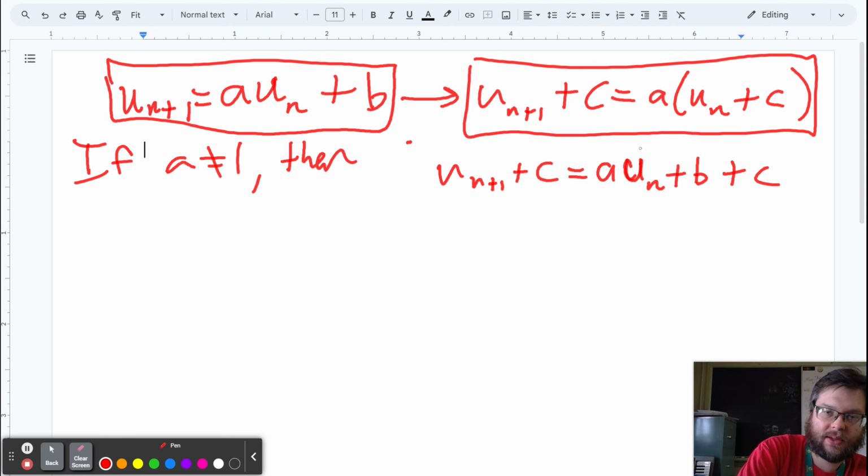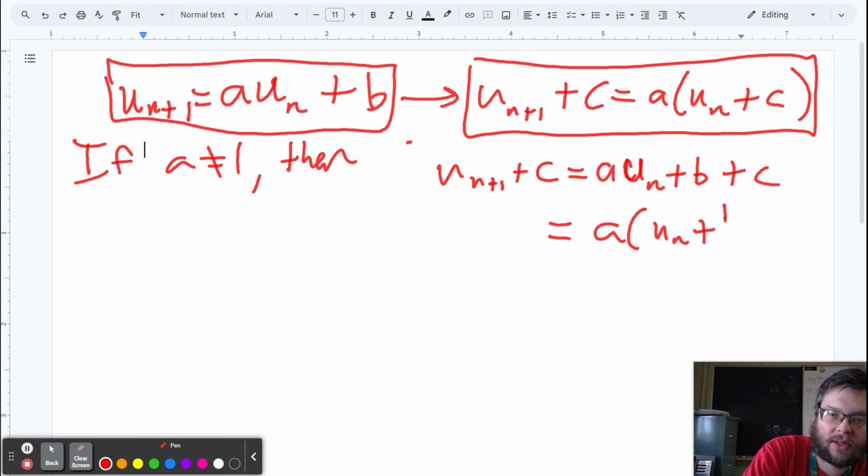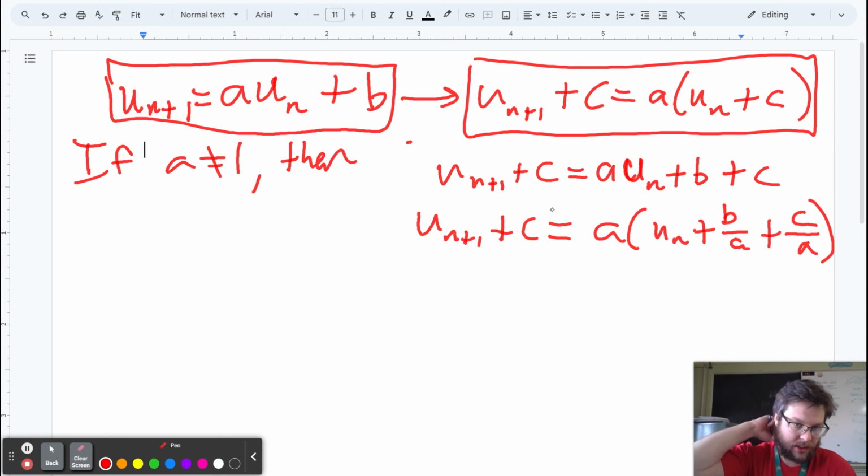So what I can say is that A can be factored out here. So I have A times (u(n) + b/A + c/A), and that has to equal u(n+1) + c.